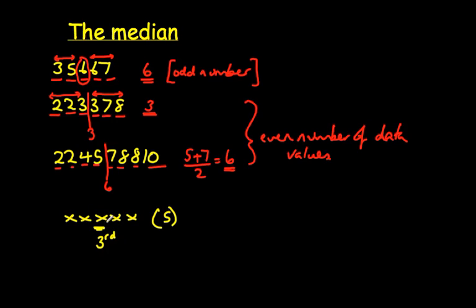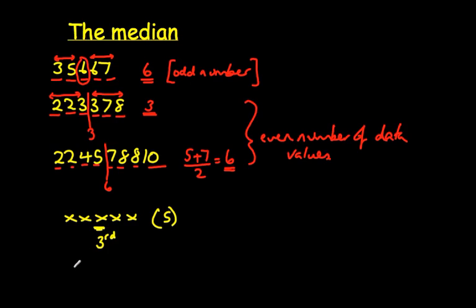I don't know what that number is, it doesn't matter what it is. But what I'm interested in is what position in the list the median is in, and it's in the 3rd one. You'll notice straight away that 3 is not half of 5. We can't just halve 5 and say 2.5, the 2.5th one. Well, it's not, it's the 3rd one.